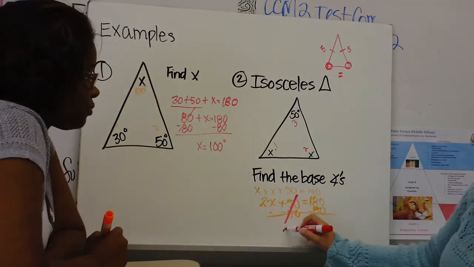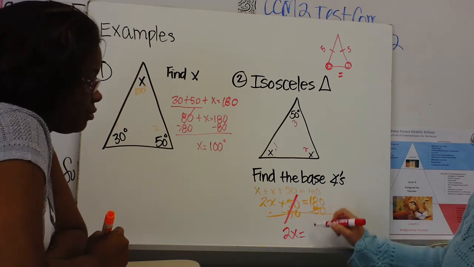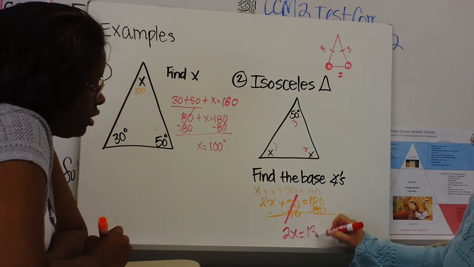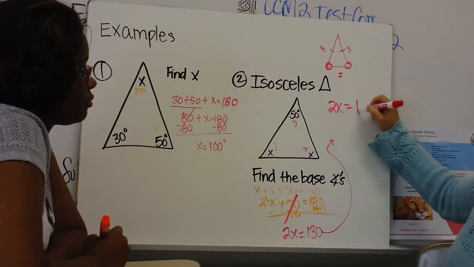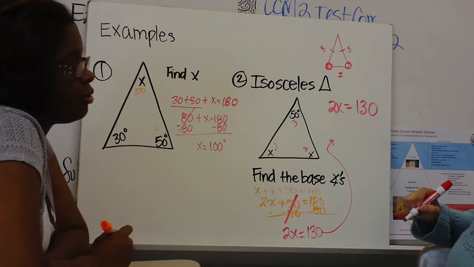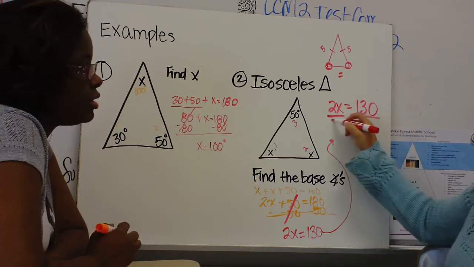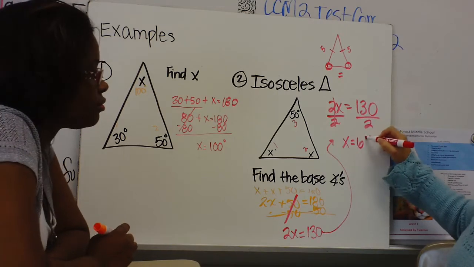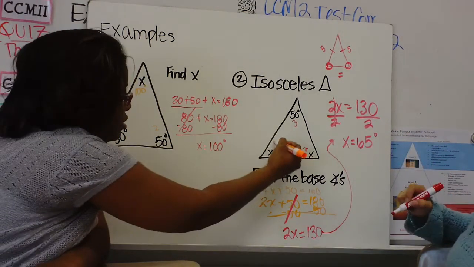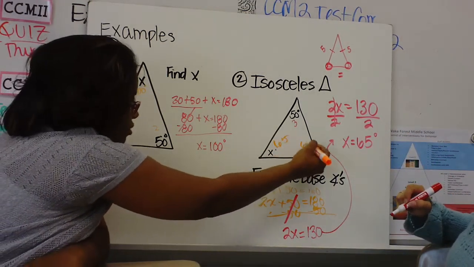So I'm left with 2x equals 130. So we're going to divide by 2, and that's going to give us what each x equals. So each of these is 65.